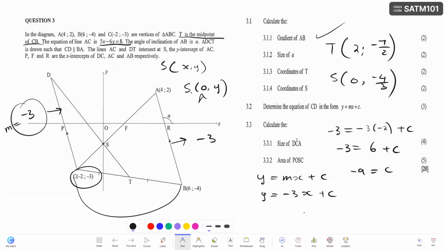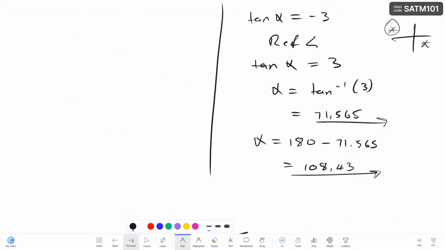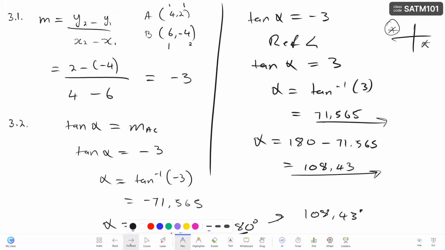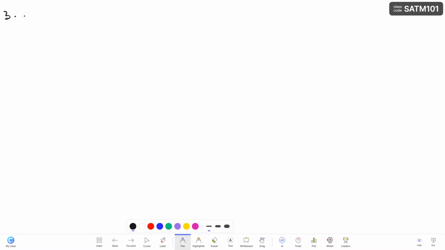So therefore, the equation is y is equal to -3x minus 9. So let me write this down. 3.2: y is equal to -3x minus 9. So I already showed you how we arrived at that equation.